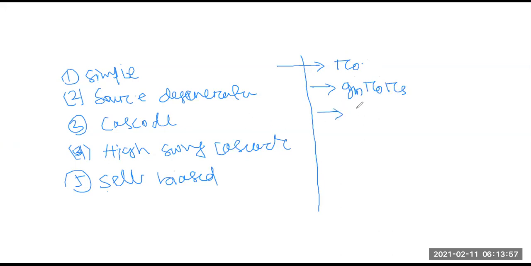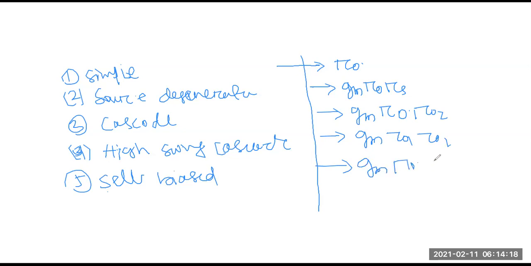Cascode, gm, R01, R02. High swing is the same, R01, R02. This is also the same. Okay, this is output resistance.